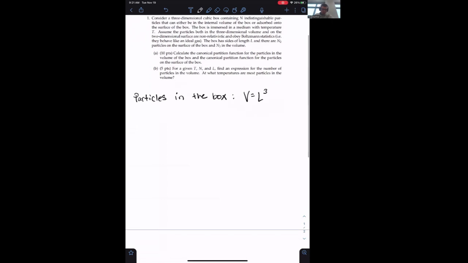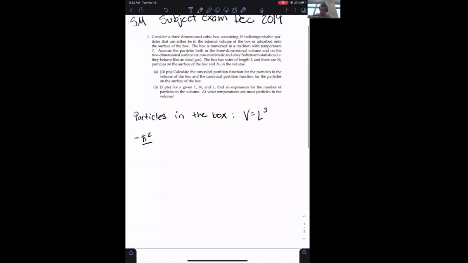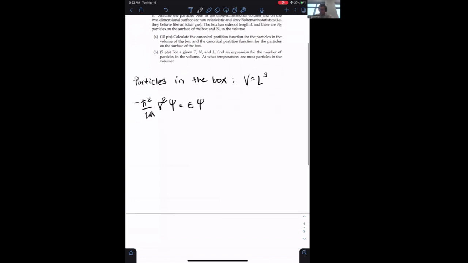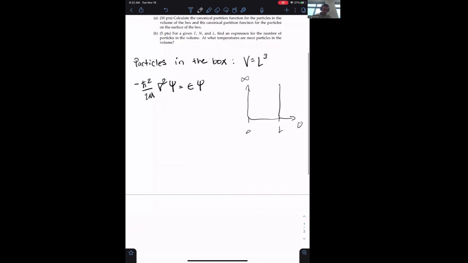The particles in the box obey the time independent Schrodinger equation, and the solutions are just like the infinite square well, except this time it's in 3D.